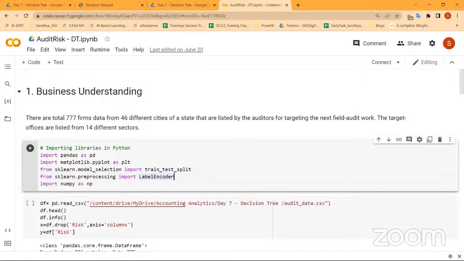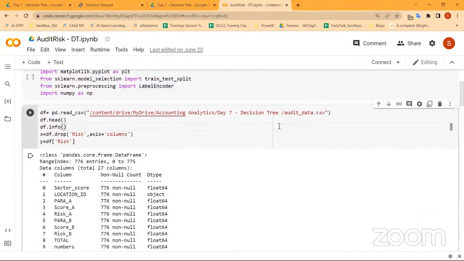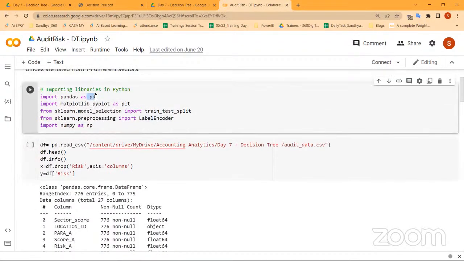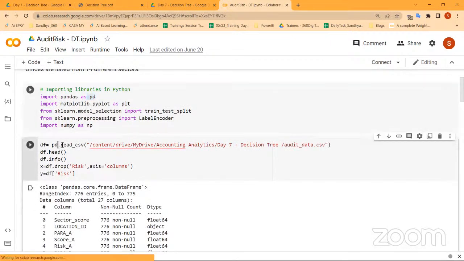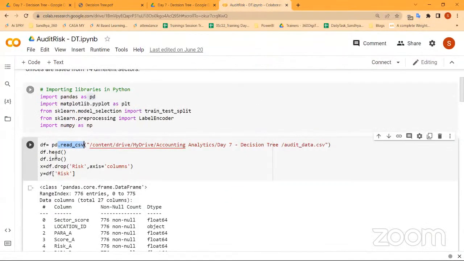And then I'm trying to read the data, friends. In the next cell, this is called a cell, I'm calling pandas. PD is nothing but pandas, right? We called import pandas as pd, so we just gave it an alias name. So pd.read_csv, because my audit data has a .csv extension, so we have to call read_csv so that it can read the CSV files.